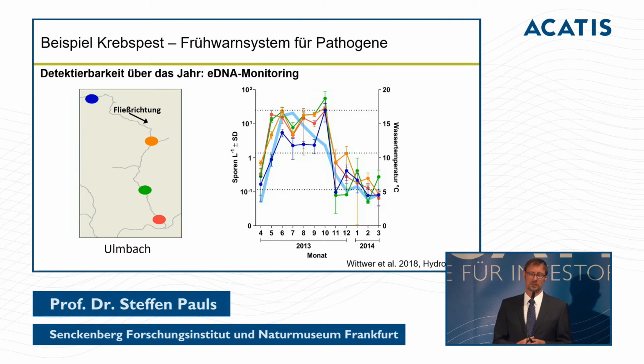And what was shown is that the visual monitoring of these animals at these 4 points depends on the activity of the animals. If the animals move a lot, of course, they lose more cells, and the eDNA is distributed more strongly.